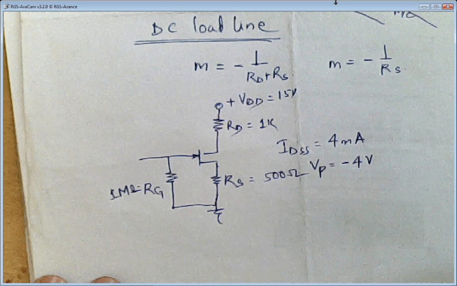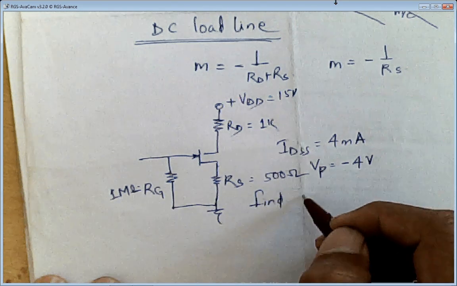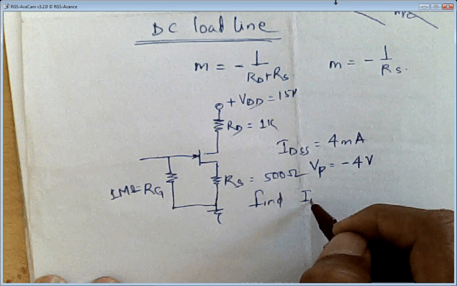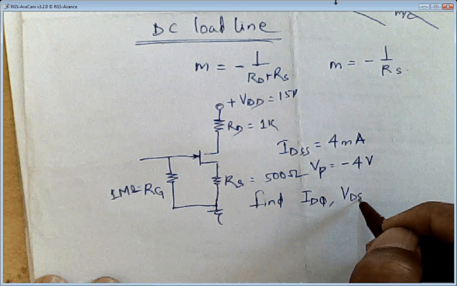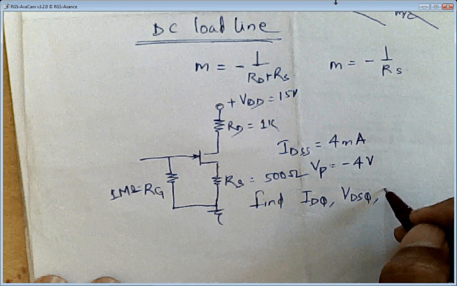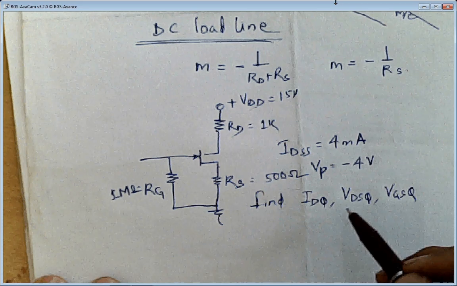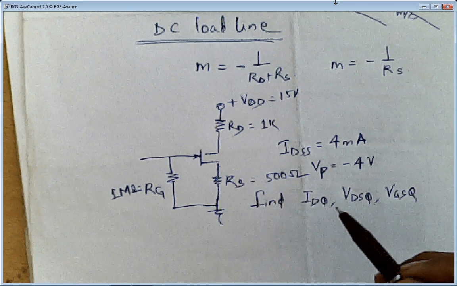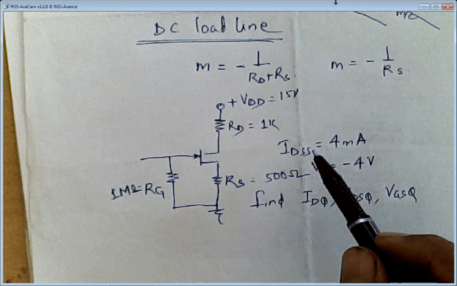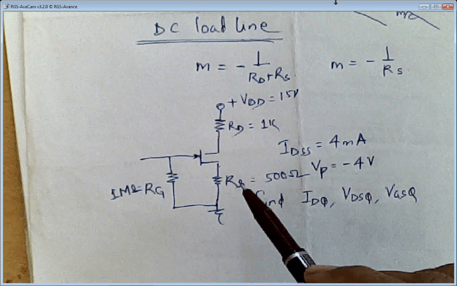If these quantities are given, the problem will be to find IDQ, VDSQ and VGSQ. The Q is the point where the Q point is plotted. So that means finding ID, VDS and VGS from this circuit. This may be the problem asked during your examination.